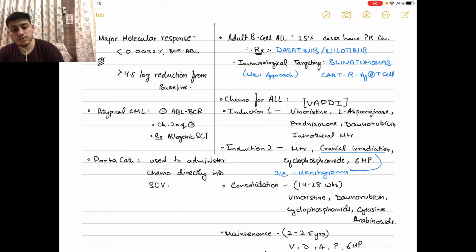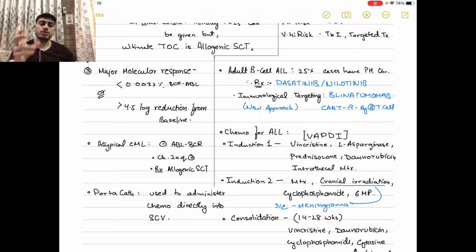Okay, now there is a kind of CML that is called atypical CML, where the patient is having chromosome 20q involvement or defect, but there is absence of BCR-ABL genes, there is no Philadelphia chromosome present there.